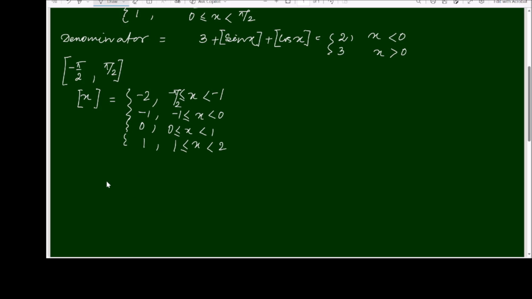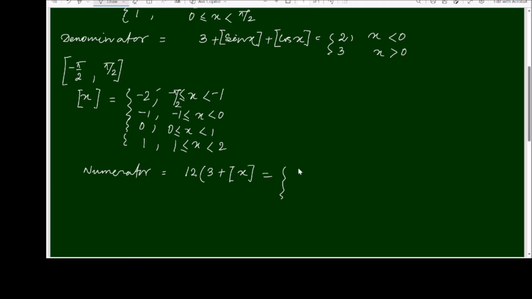So let's come to the whole thing now. The numerator, first we'll analyze. Numerator equals 12 times 3 plus this greatest integer of x. This will take how much value? First, from minus pi by 2 to minus 1, it will be 3 minus 2, 1.